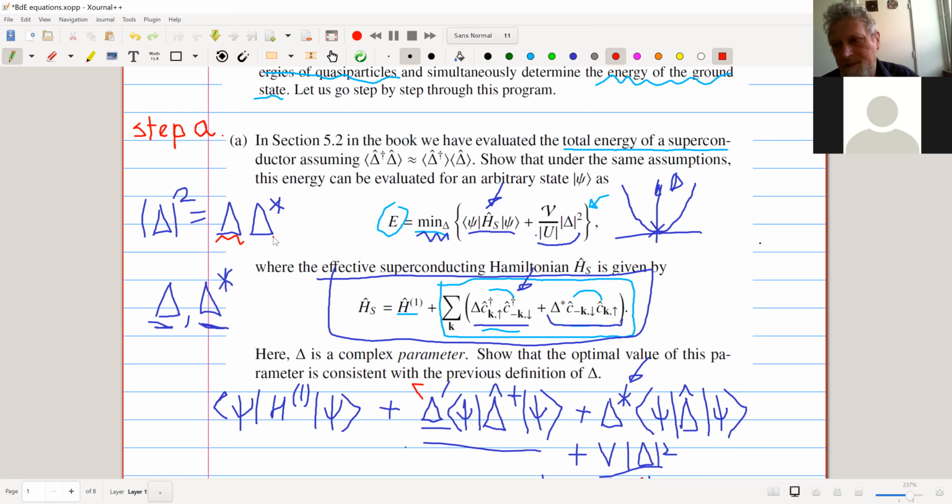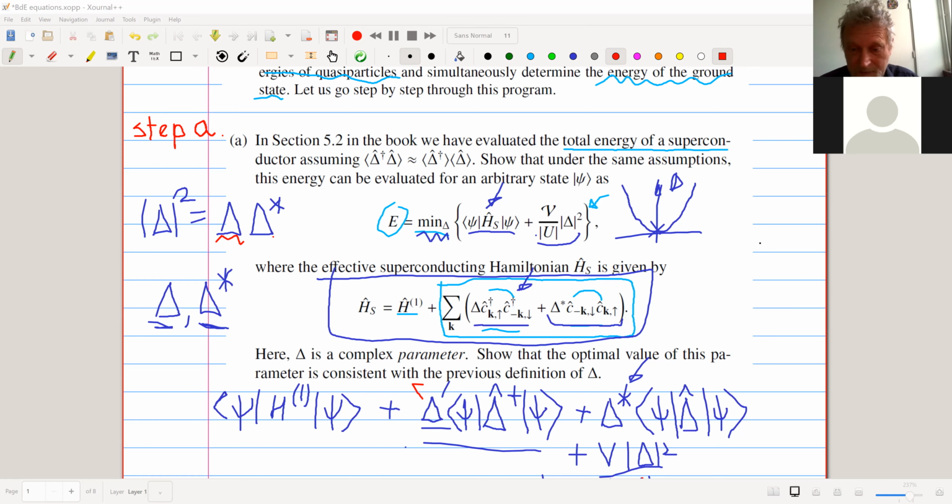Alternatively, I could differentiate with respect to two real variables, imaginary part of delta and real part of delta. But what I did is just faster. This is equivalent, but faster. Right, after differentiation, I expressed delta conjugated.